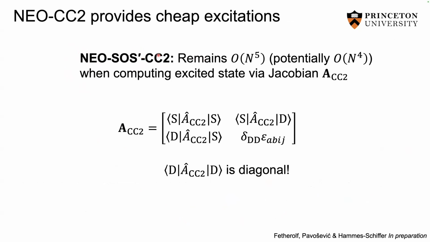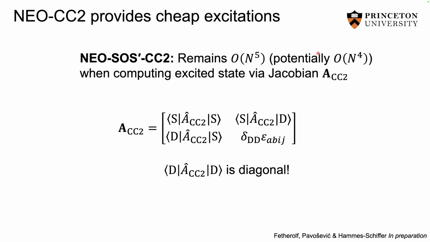And CC2 is a really nice theory for generating excited states because unlike some of these EOM coupled cluster theories, it has a really simple derivation for the excited state Jacobian, and it retains the same scaling as the ground state method. So order n to the 5.